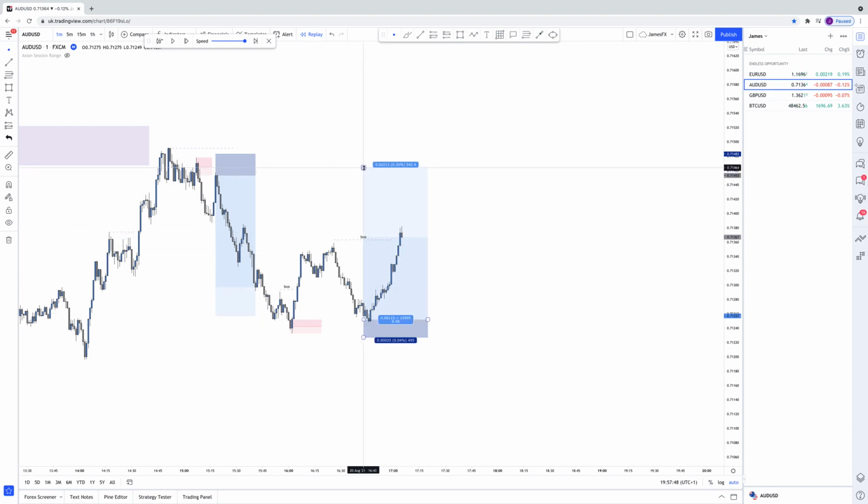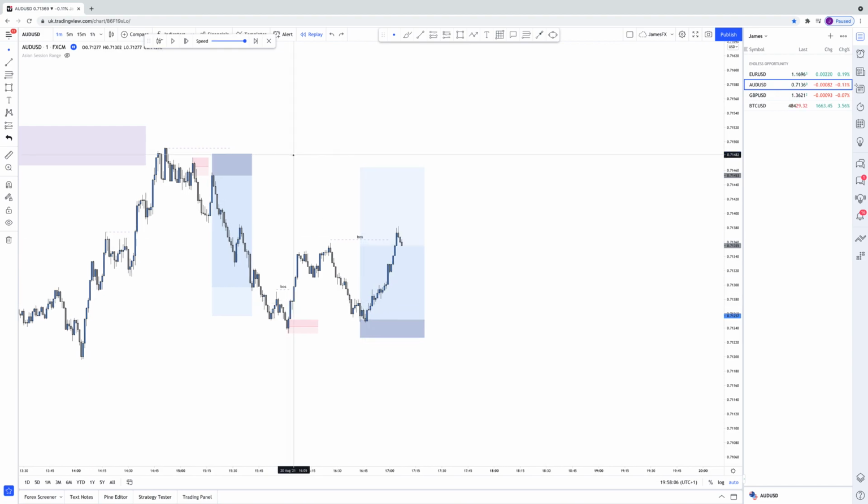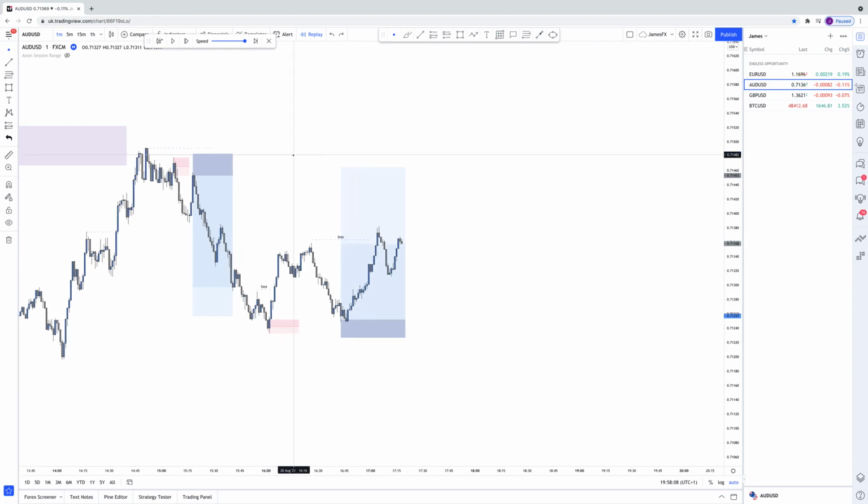But saying that, that is a good 4%. Now if we do come to test that high, I don't really want to be giving back 4% and then turn it into a loss. So once we sort of break this candle here, and especially with this momentum, I'd be moving to break even. Okay, and then we can see what happens next.